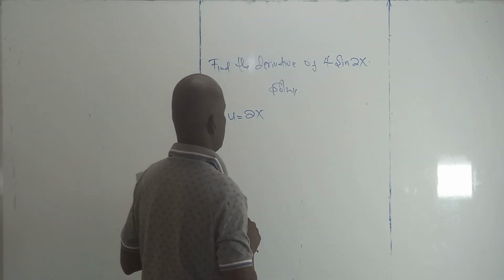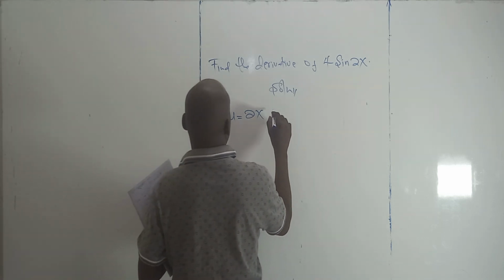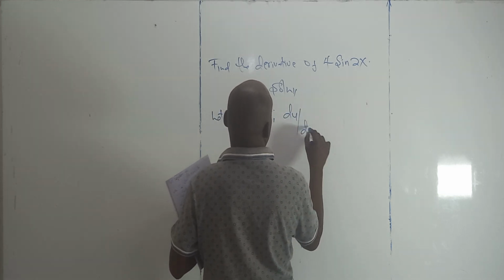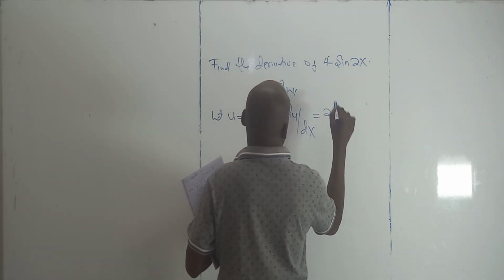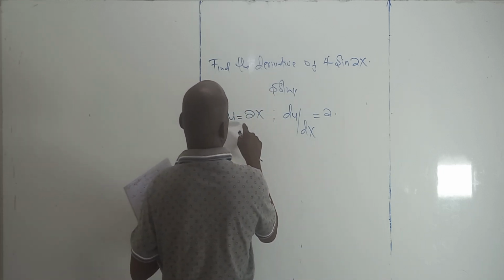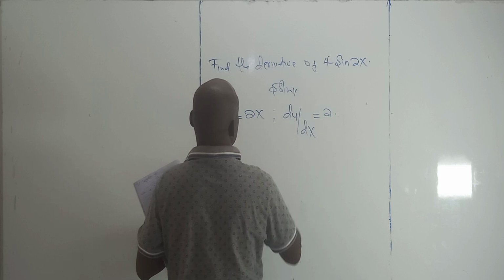And if that is the case, then it should mean that du dx is 2. That is, differentiating u with respect to x gives you 2.